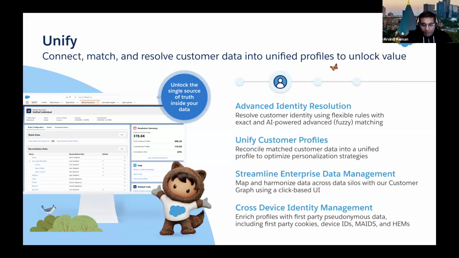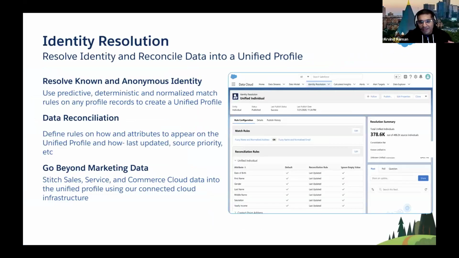Once you do all the matching, we create what's called a unified customer profile. It can be a unified individual if you're matching on individuals, or it can even be a unified account if it's an actual account record. We call it unify, but in Data Cloud it's called identity resolution.